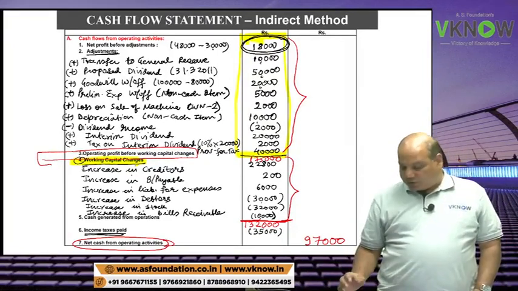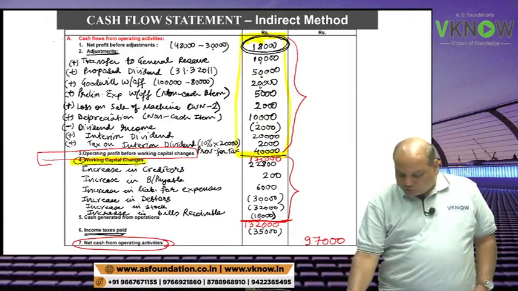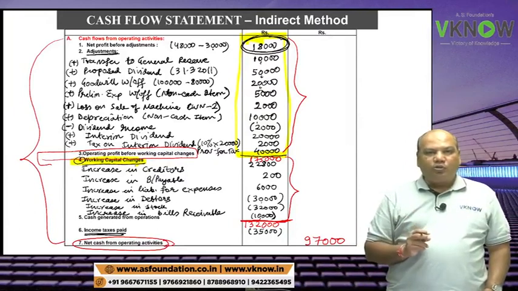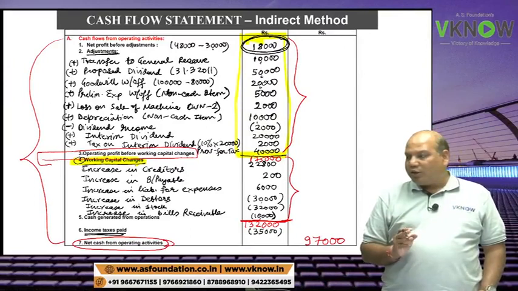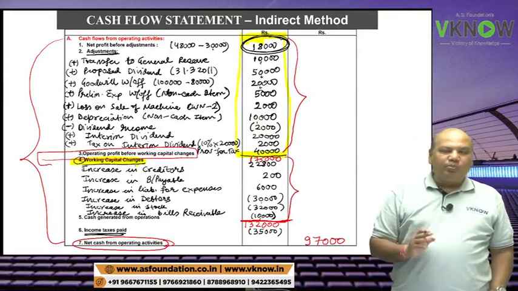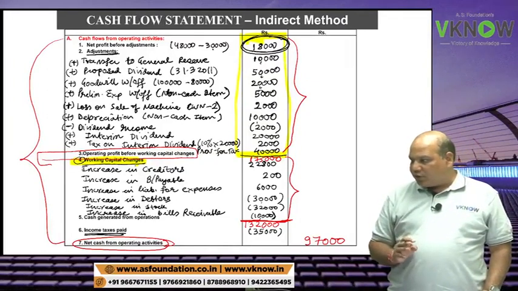This way we have to present, right? Some authors make three working notes, one for cash flow from operating activity, one working note for investment activity, one for financing activity, and then they only write the main total on the main page. That can also be done. It's a matter of only presentation part.